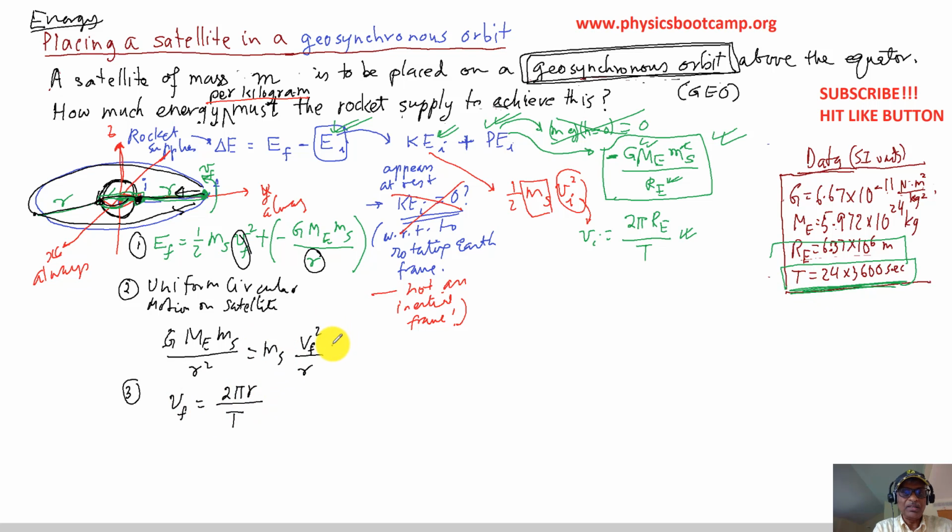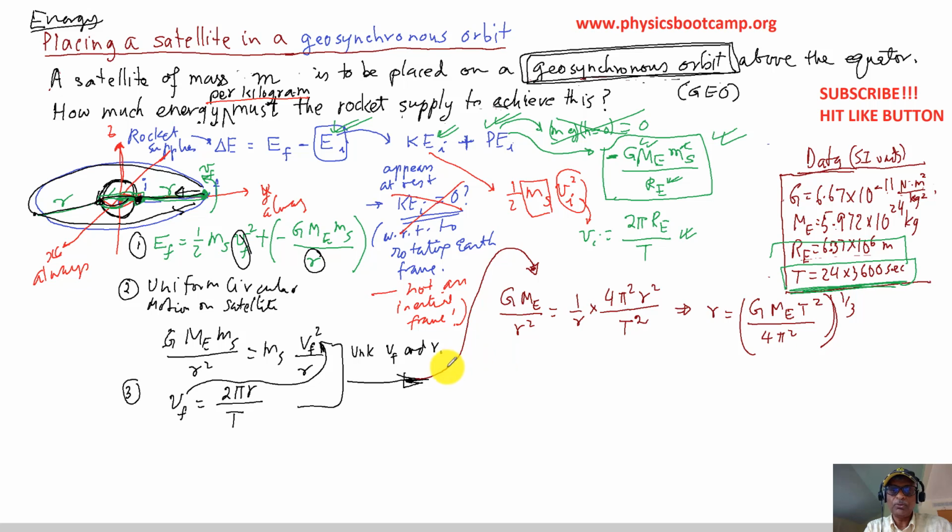So now these are two equations and two unknowns. The unknowns are V_F and R, so we should be able to solve for both of them. Let's carry out the algebra: substitute over here, and then simplify, and that will give us R equal to this formula where we know everything.